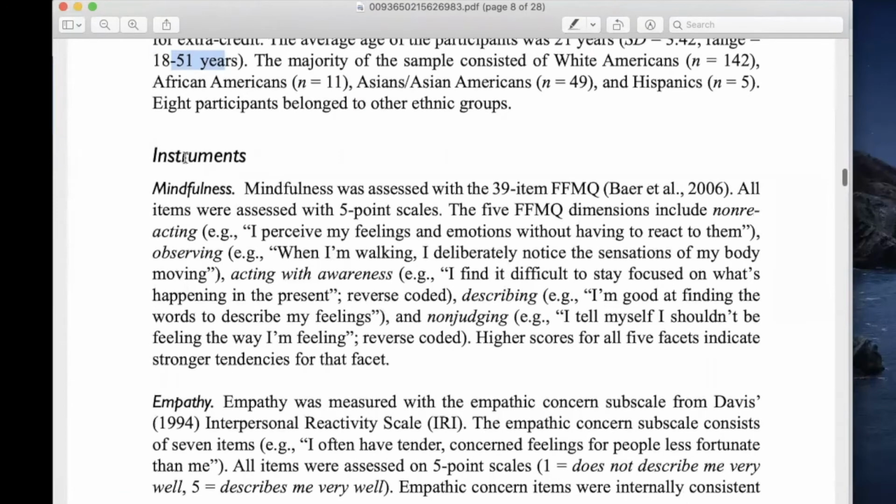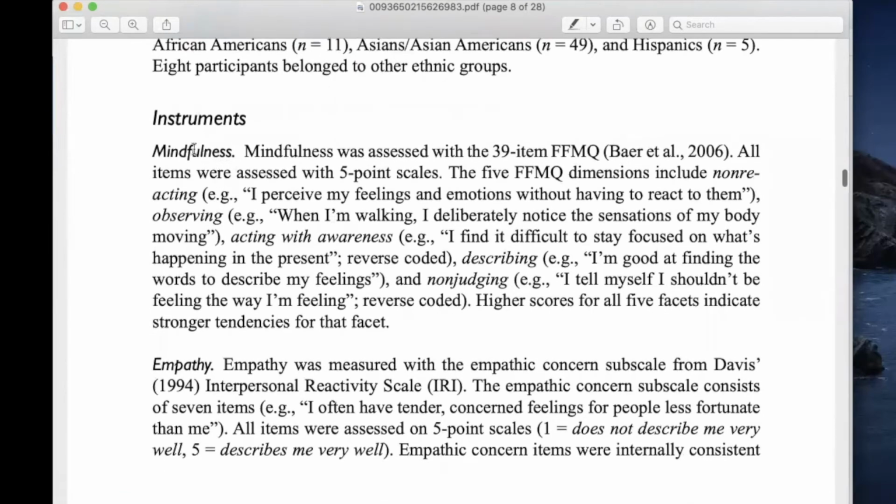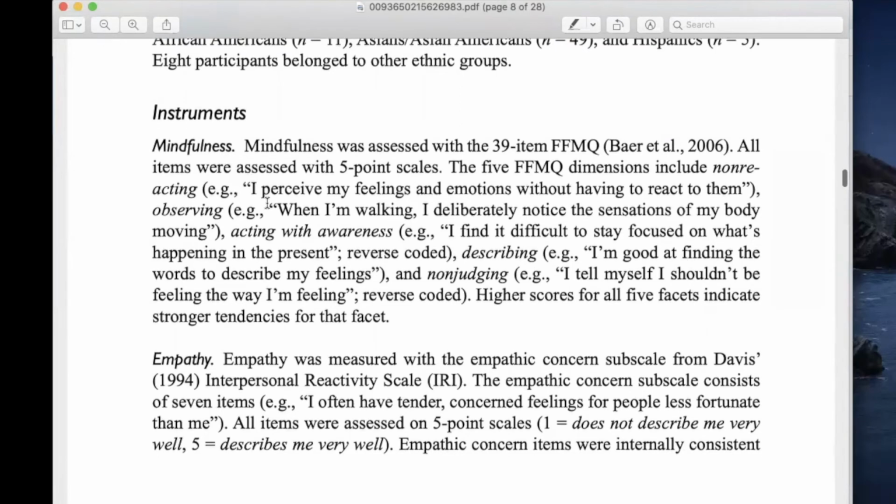Then you have this instrument section where each of the variables in the study are explained in terms of how they were measured. Since this is more of a social science, human research piece, a lot of the ways these were measured is by using self-reported instruments with Likert scales.